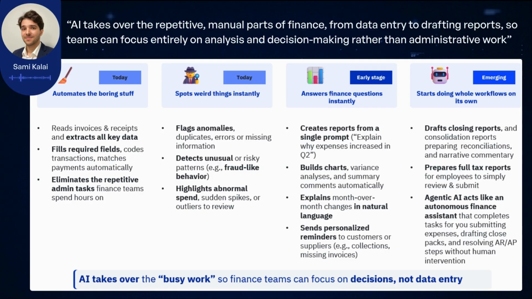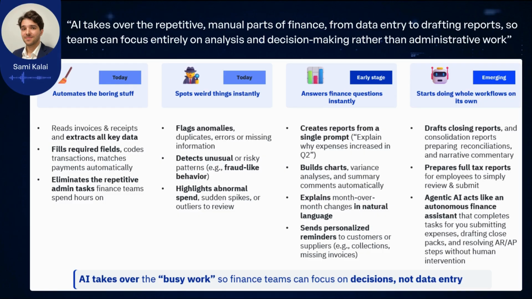Then the AI becomes the analyst that does the actual workflows, that drafts the closing reports, the consolidation reports, prepares the reconciliations, prepares the tax report too, and then the team in the Office of CFO has much more time to actually review the work and submit it instead of actually doing it. And this agentic AI acts like an autonomous finance assistant in some sense that completes all the tasks for you and resolves everything without human intervention.